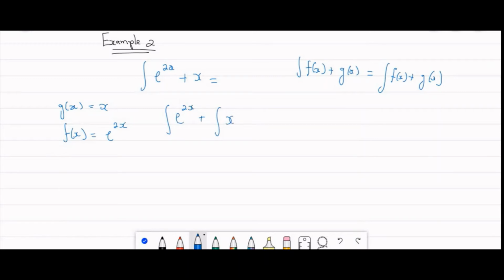So we can also say, rather let me say h of x is equal to 2x. So that means our h prime of x is equal to 2.